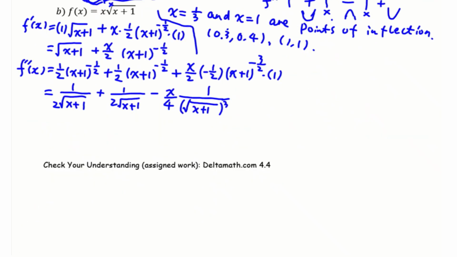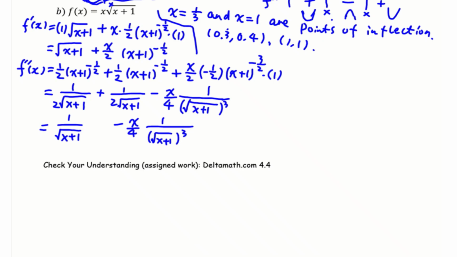So we want to change everything to the same denominator. This 1 over 2 and 1 over 2 together will give you just 1 times 1 over square root of x plus 1, then minus x over 4 times 1 over square root of (x plus 1) cubed.